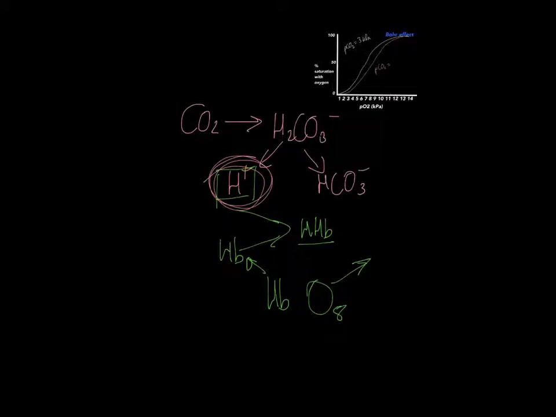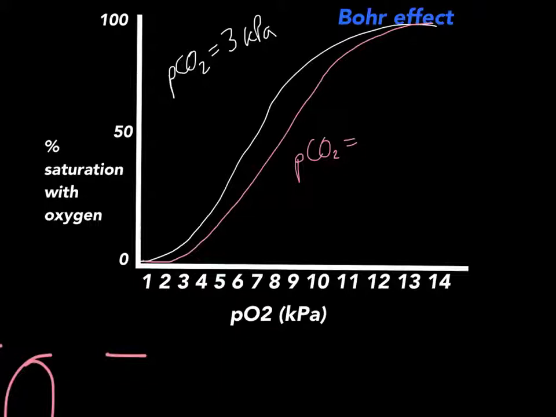Which means that more oxygen needs to be kicked out. Going back to our curve, if we have a partial pressure of now say 5 kilopascals, we've got an increased carbon dioxide concentration, so more oxygen is released. When more carbon dioxide is present, hemoglobin is less saturated with oxygen.